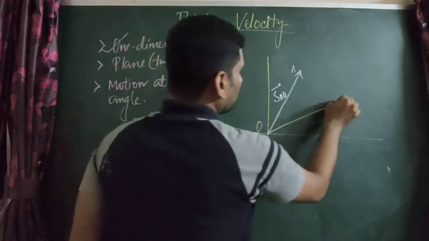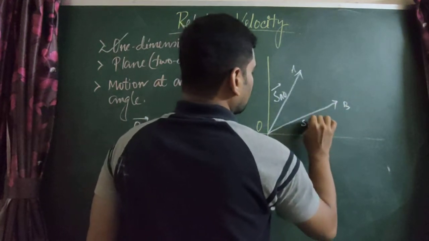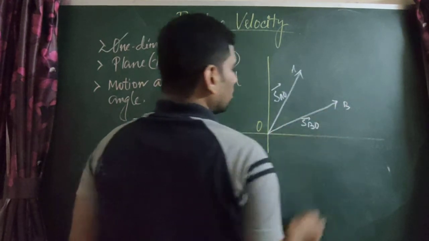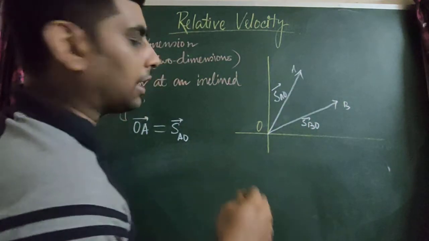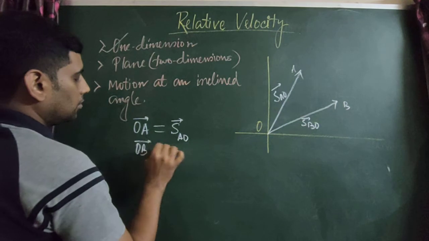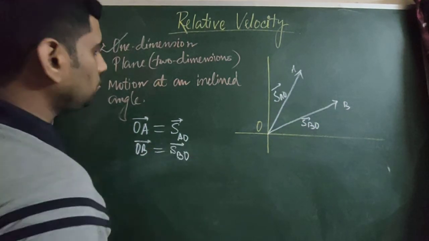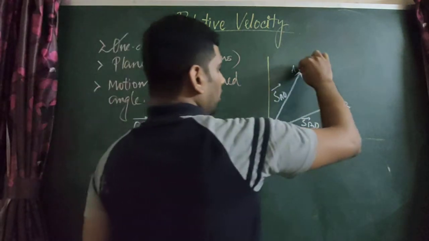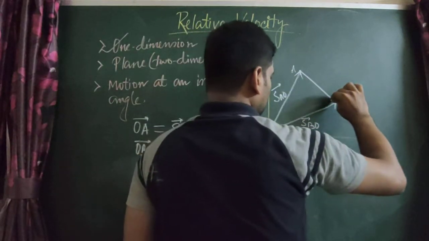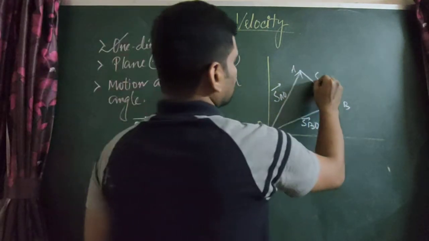Similarly, suppose the position vector of B with respect to the origin at time t is the vector OB, which becomes SBO. If I now join the line AB, suppose this is SBA.